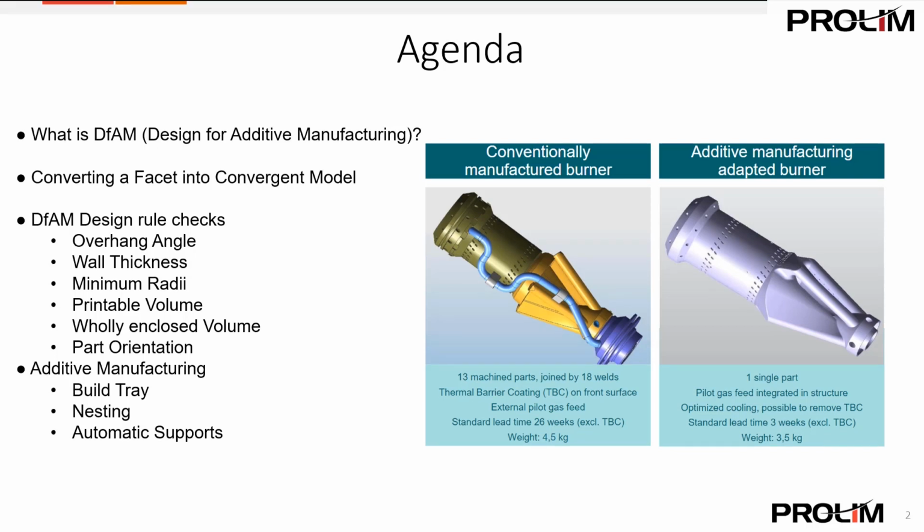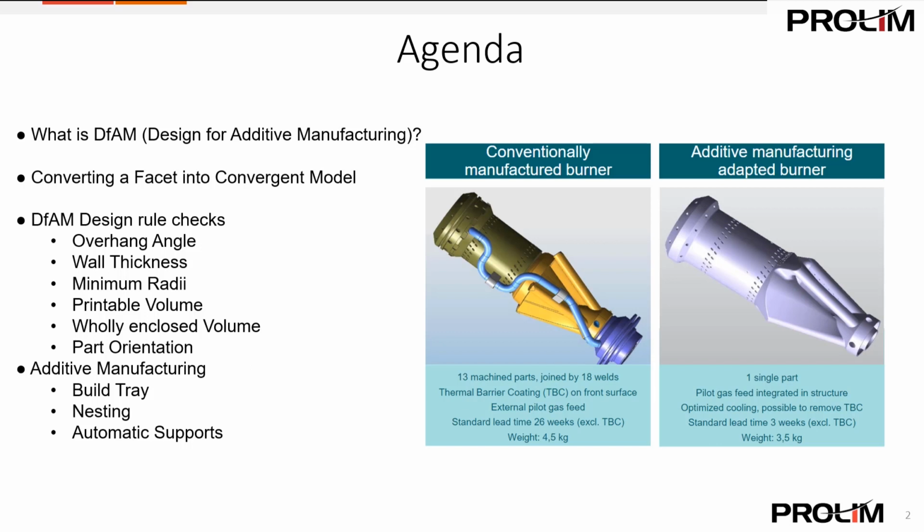As shown here in my example, you see a conventionally manufactured burner and an additive manufactured burner. You can see the many ways that additive manufacturing can help a company save time and money. The conventionally manufactured burner consists of 13 machined parts that were joined by 18 welds. With the additive manufactured burner, we have one single part.